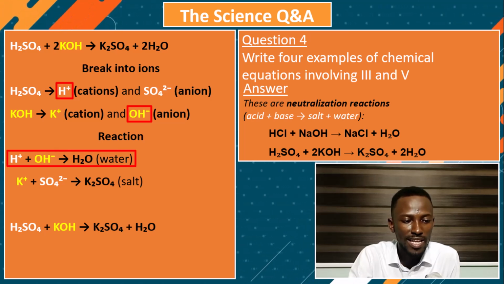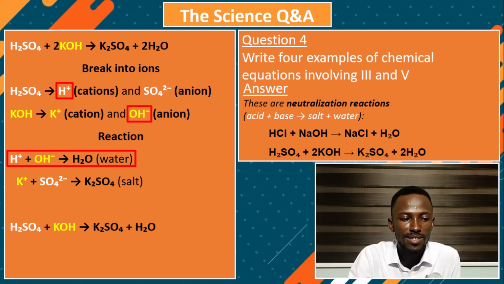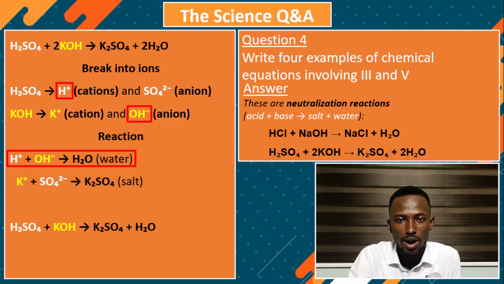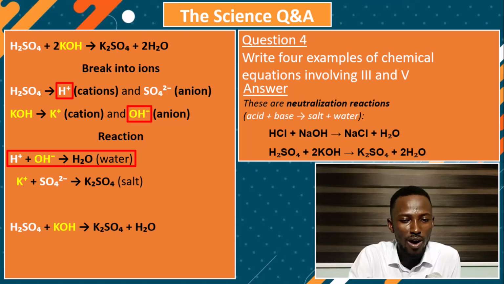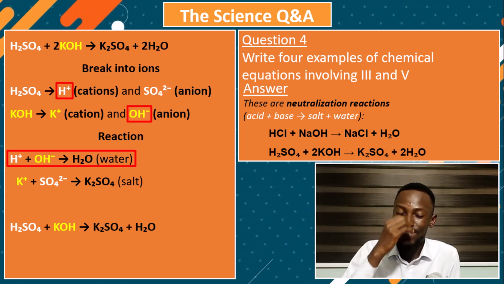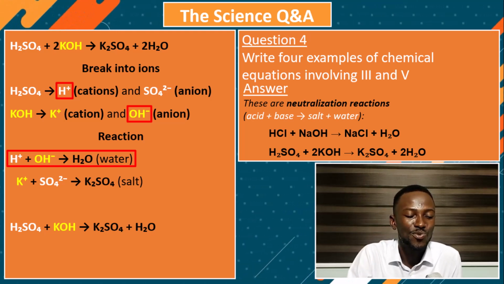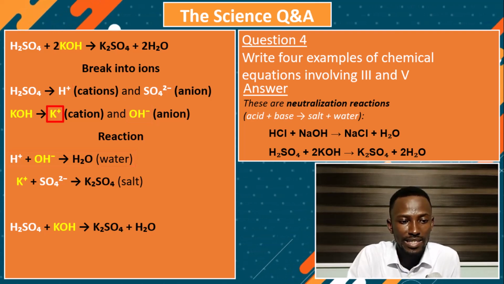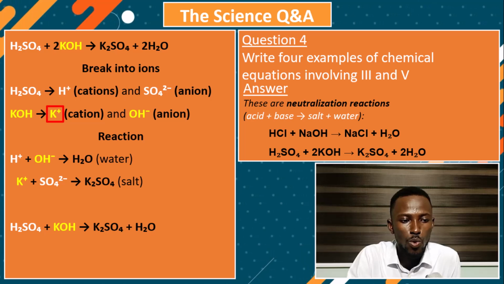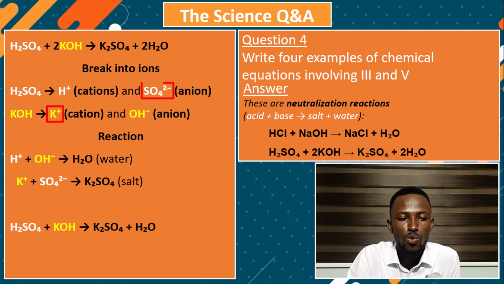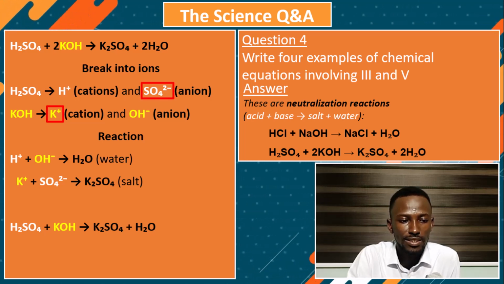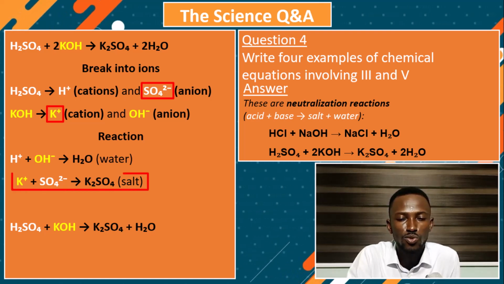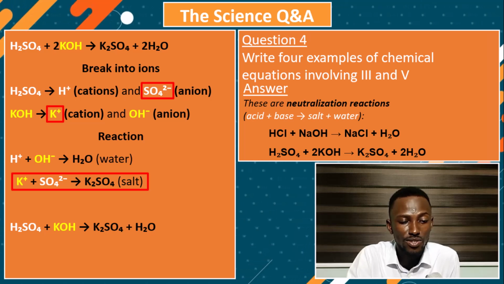So H plus and OH minus give us water, H2O. Then the K plus, the cation, will react with the SO4 2 minus from the H2SO4 to form K2SO4, and that is the salt.